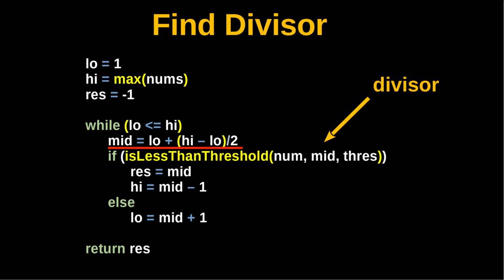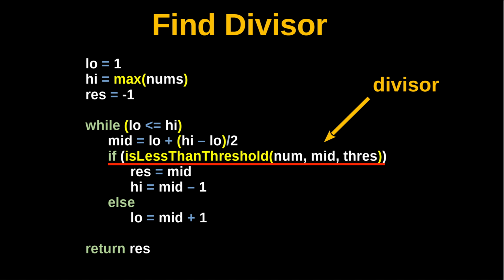The sum of high plus low could exceed what the integer value can hold. Once we establish the mid value, we ask, does this mid value work? We pass this mid value together with the nums array and the threshold value to this function I call is less than threshold.